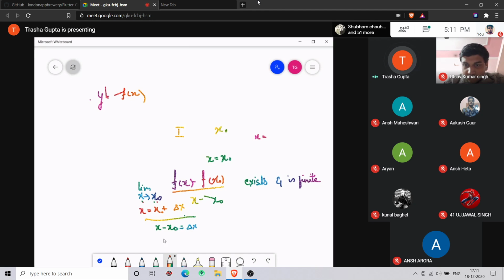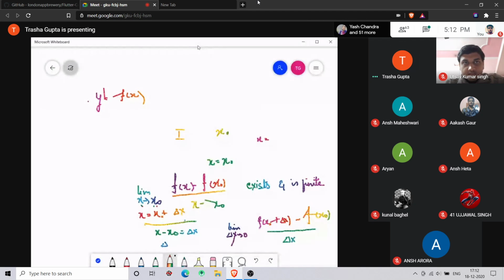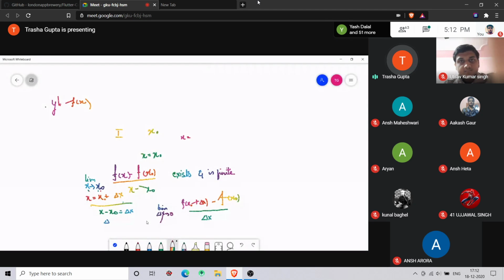So I can also write limit delta x tending to 0, f of x naught plus delta x minus f of x naught upon delta x, right? So these two limits are same.